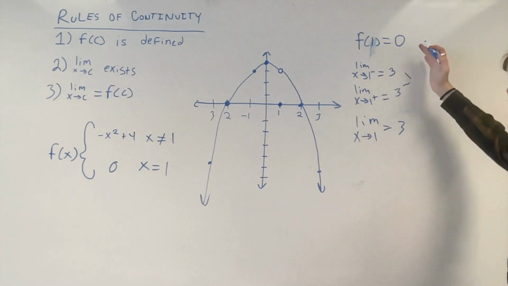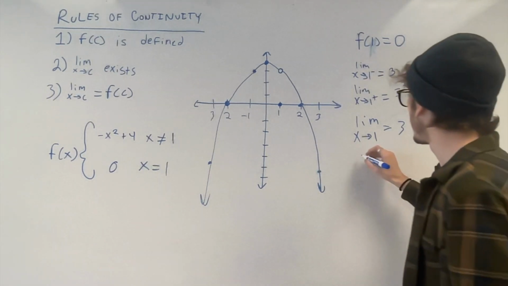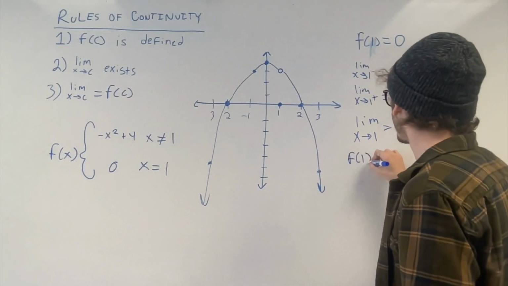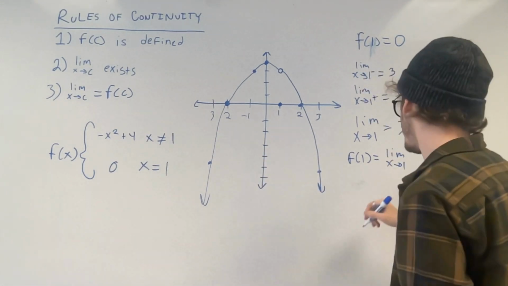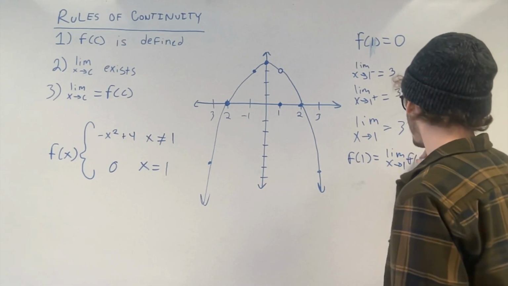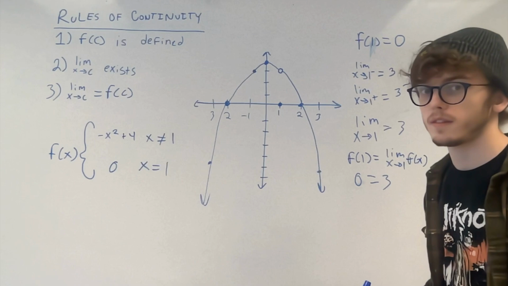So f of 1 is defined. The limit as x approaches 1 is also defined, but are the values equal? That's another rule of continuity. Is f of 1 equal to the limit as x approaches 1 of f of x? Well, 0 is not equal to 3, right?